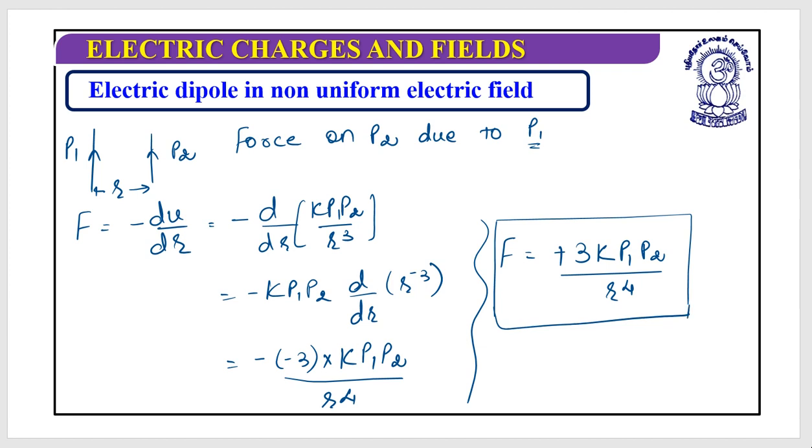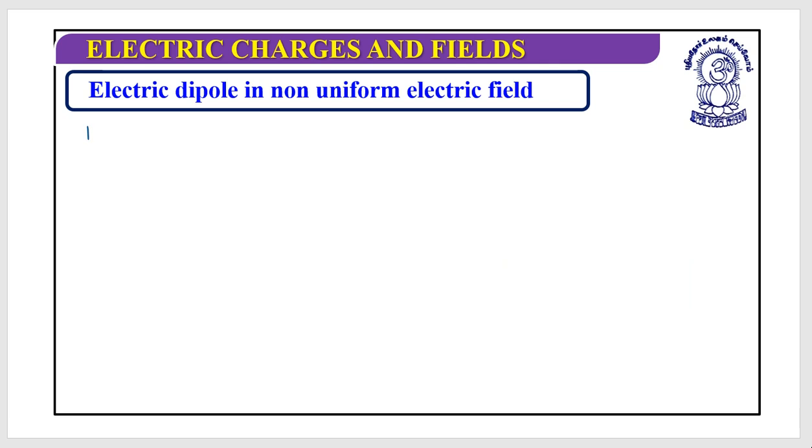So we have done three operations. First, torque acting on a dipole. Second, potential energy stored in a dipole. And third, force acting on a dipole due to another dipole. So let's summarize this: dipole-dipole interaction. Do remember these things, very important.